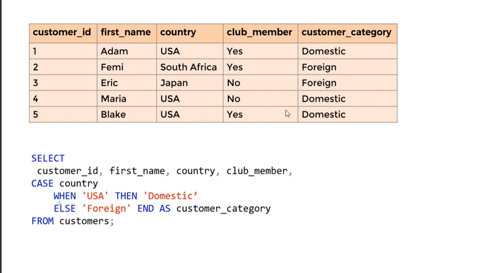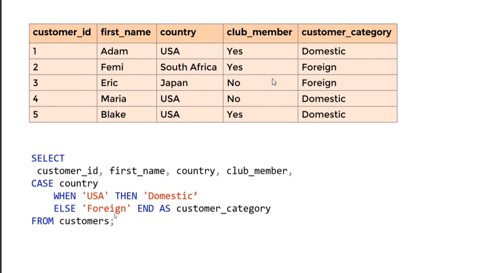So we have case country, and then after that we have the when clause. So this means that the simple form is just testing one input expression, in this case the country column. In this example we just have when USA, then the value domestic, else give the value foreign.